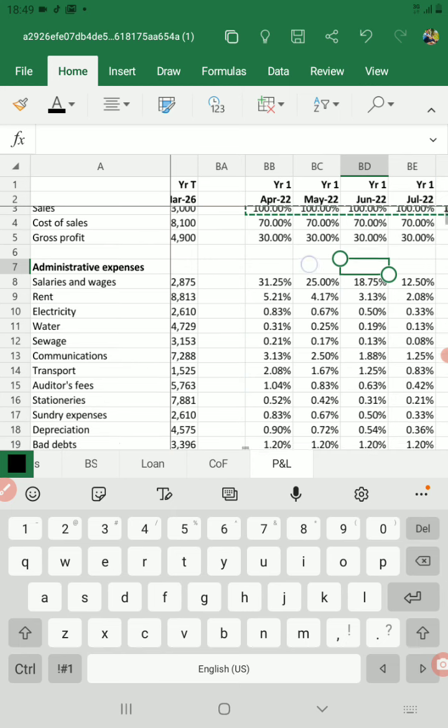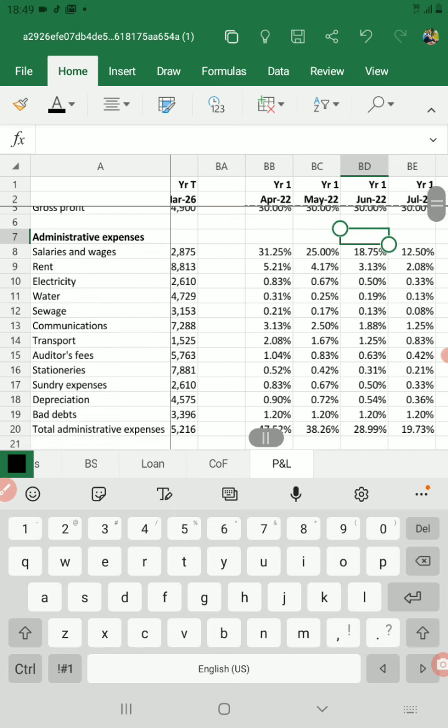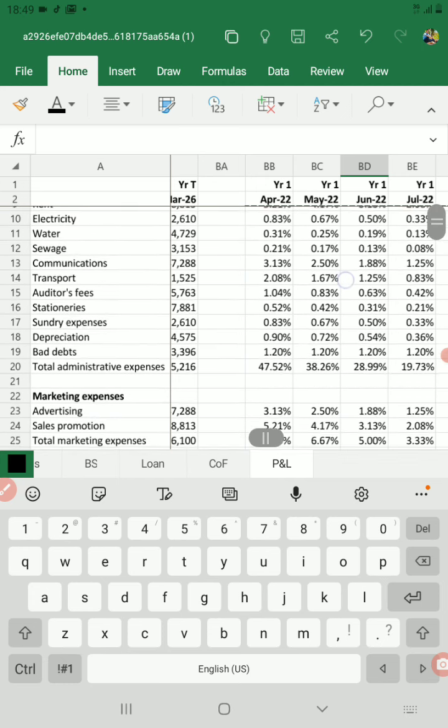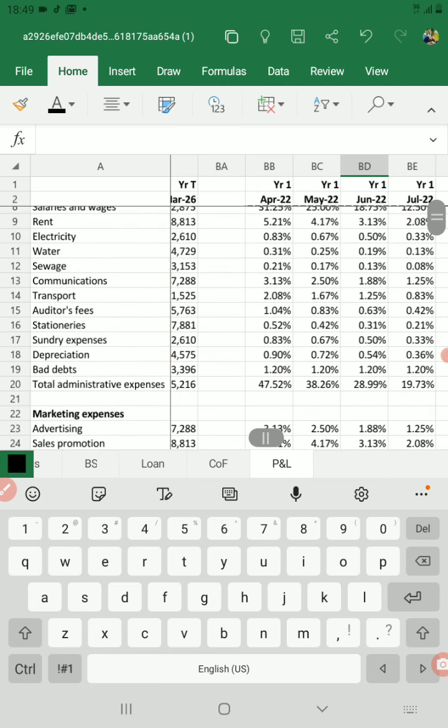Okay, and because we have done these common size financials on a monthly basis, we need to be careful in interpretation of these financials, because from one month to the other these may not be comparable because it depends on the business cycle.